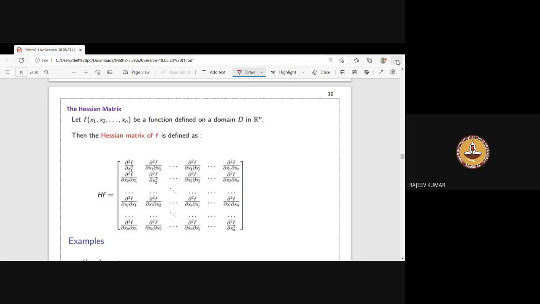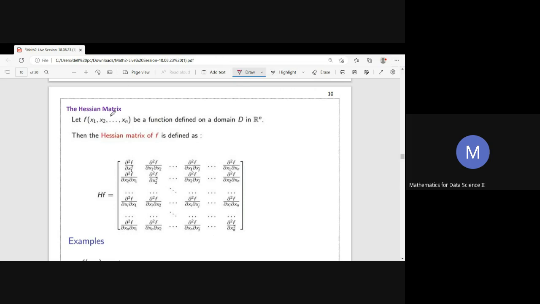So in the second derivative test, you find the second order derivative and look at the sign of the second order derivative at the given point, right? Since here you are having partial derivatives, you have several different variables. So here what we are doing is that we are considering a matrix. And in the next slide, we will see how this matrix is going to contribute to the classification of the critical points. Okay, fine.